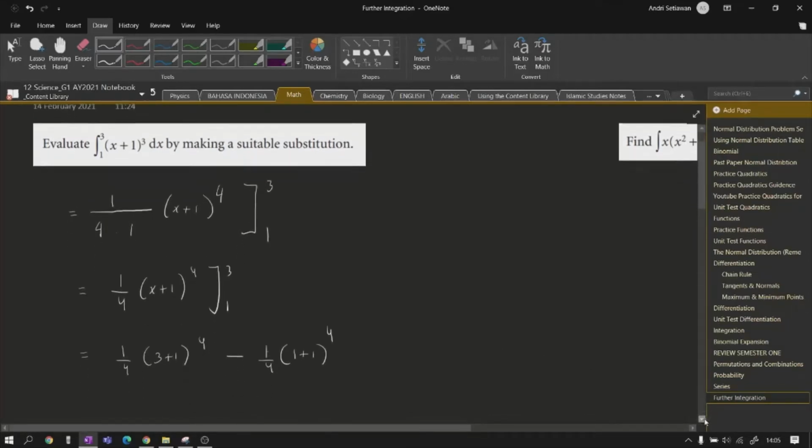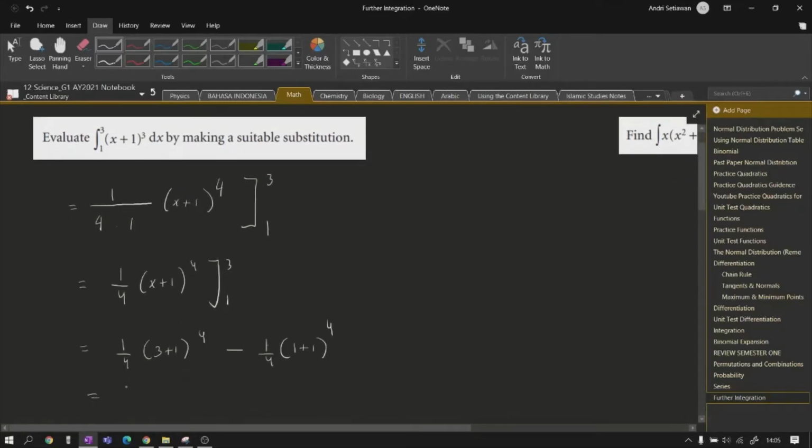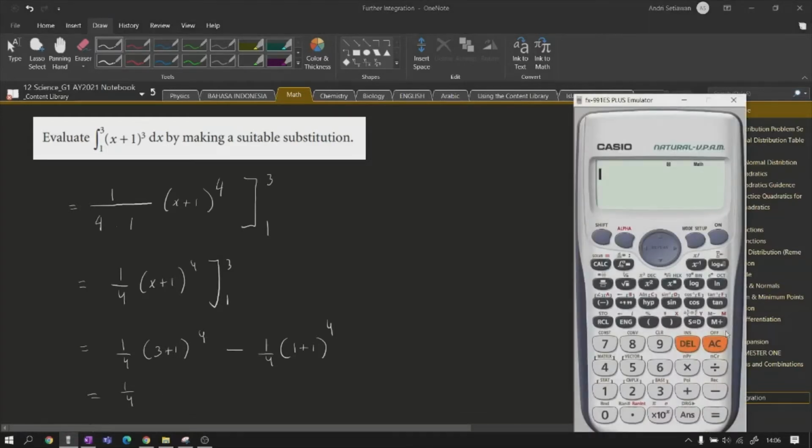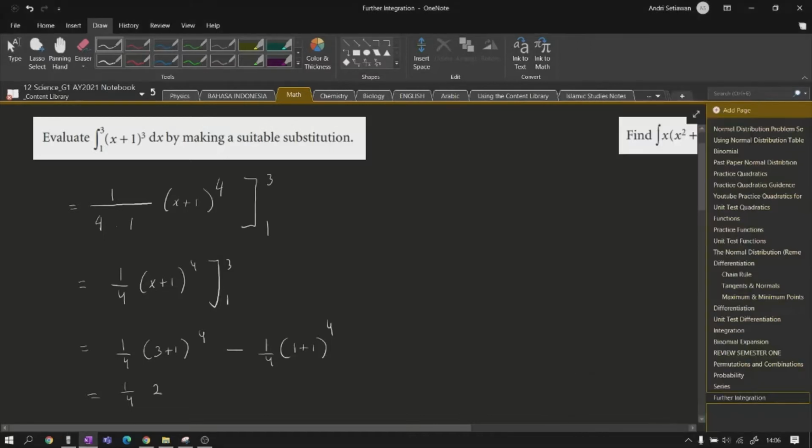And the final answer must be 1 over 4. 3 plus 1 is 4, 4 power 4. We get, maybe we can use a calculator to get the answer. 4 power 4 is 256 minus 1 over 4. 2 power 4 is 16.